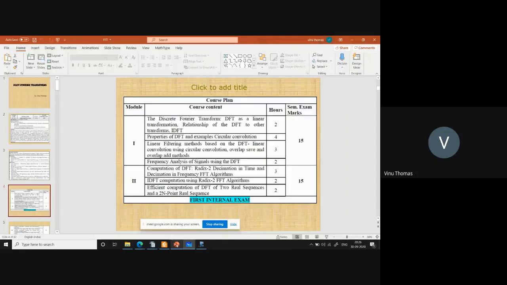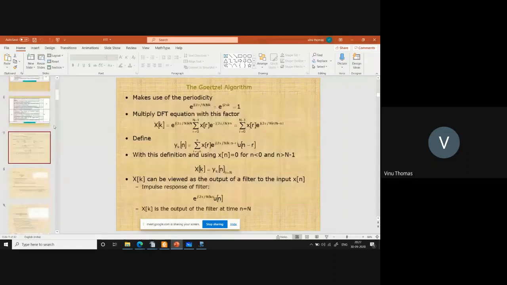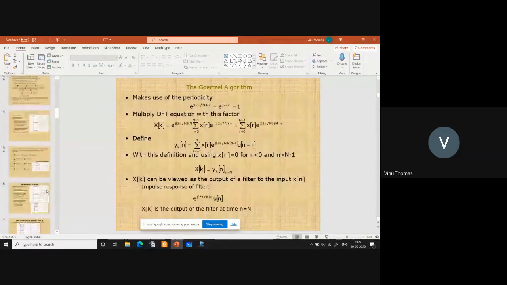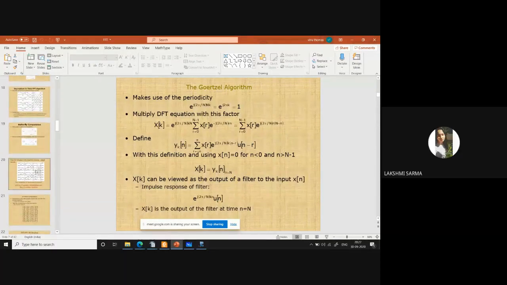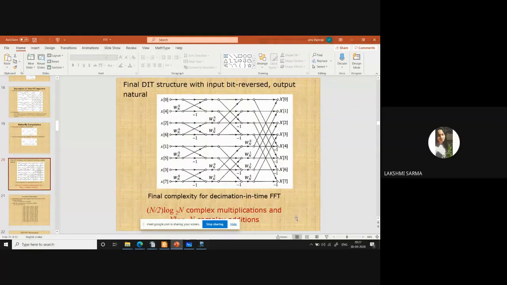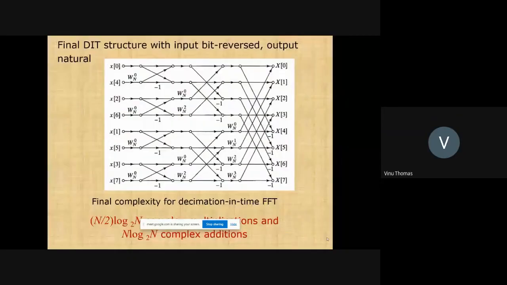Okay, so let us see how this can be done. Let us go back to the PowerPoint presentation where we had derived the DIT FFT structure. So this is your DIT FFT structure.